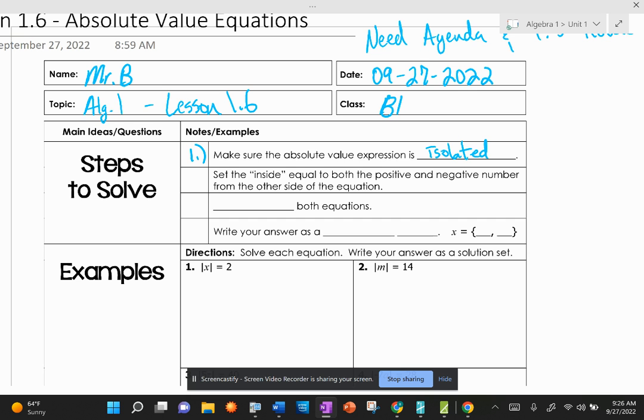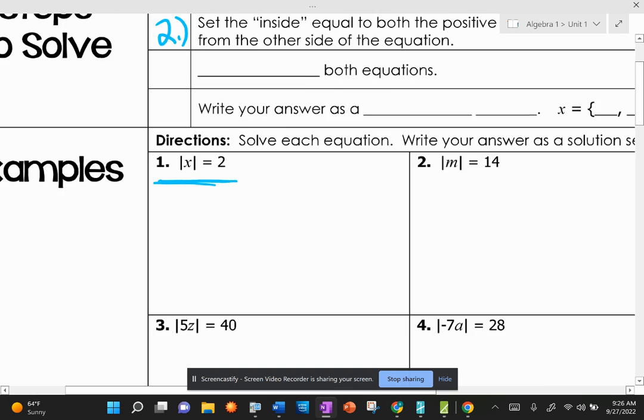So, for instance, in number one, that absolute value symbol is all by itself on that side of the equal sign. Then after you do that, step 2 says that you're going to set the inside equal to both the positive and the negative numbers from the other side of the equation.